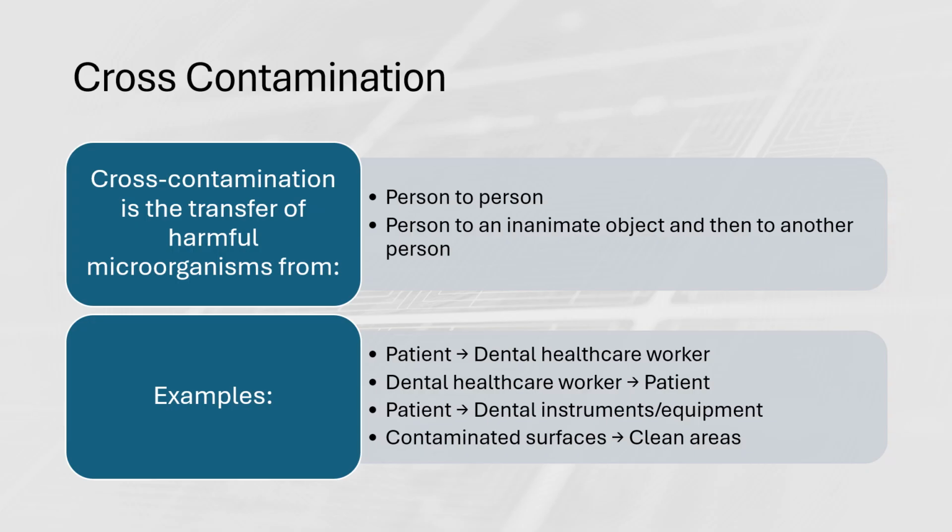It can happen from person to person, or from a person to an inanimate object, and then to another person. So it's important to recognize that possible transfers of transmittable diseases provide the basis for planning the system for disinfection, sterilization, and the management of instruments, equipment, and the environment.